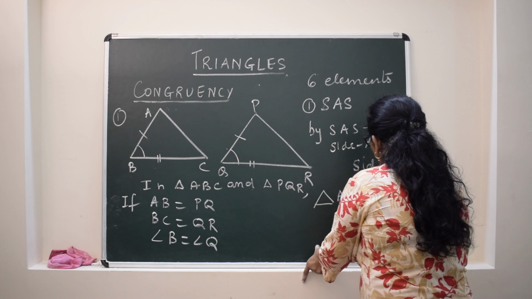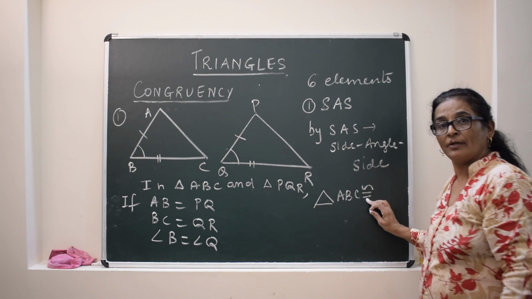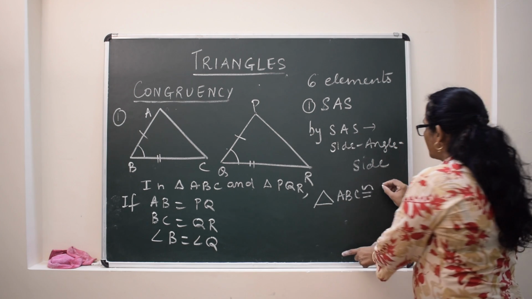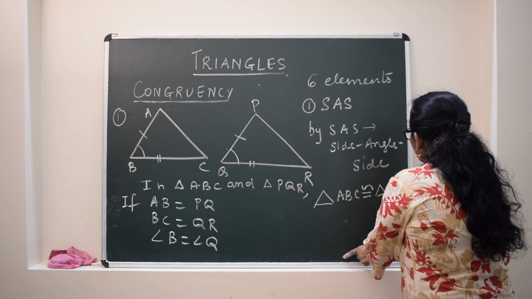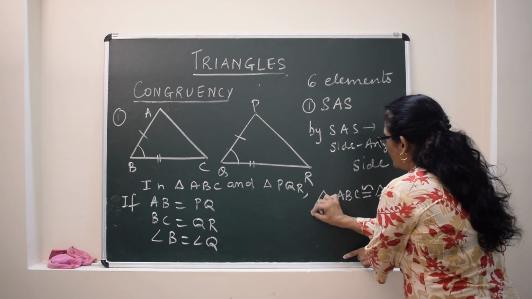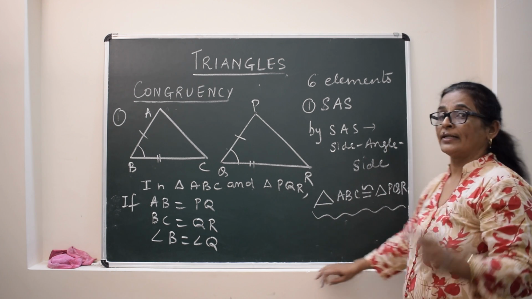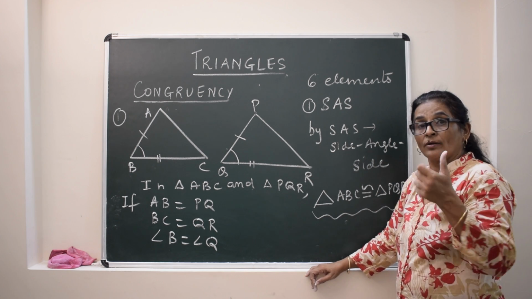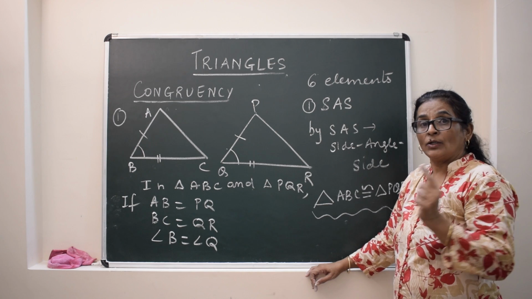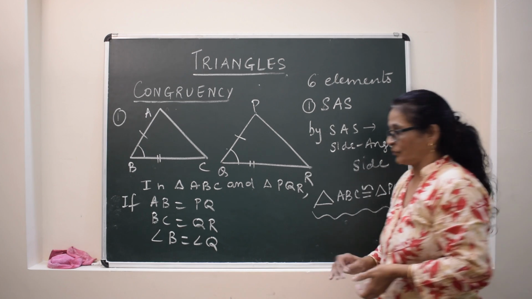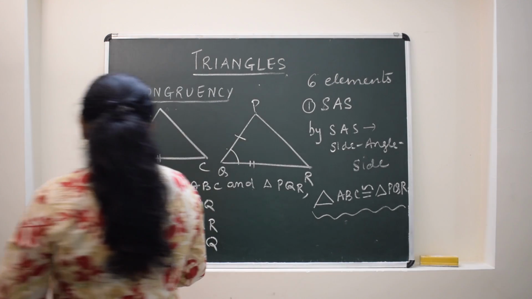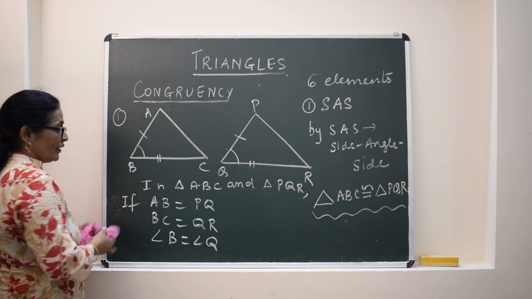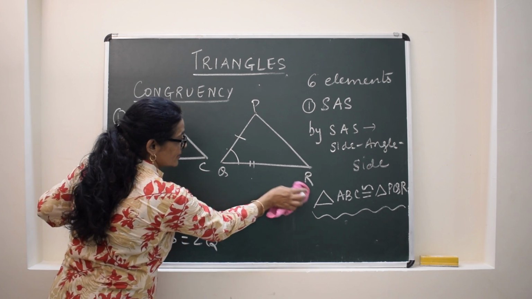Triangle ABC is congruent, this is the symbol for congruency, to triangle PQR. Now here it is very important to write the correct order. This correct order is based on one concept called one-to-one correspondence. Now what is this one-to-one correspondence? That we will see when we have observed the parts.